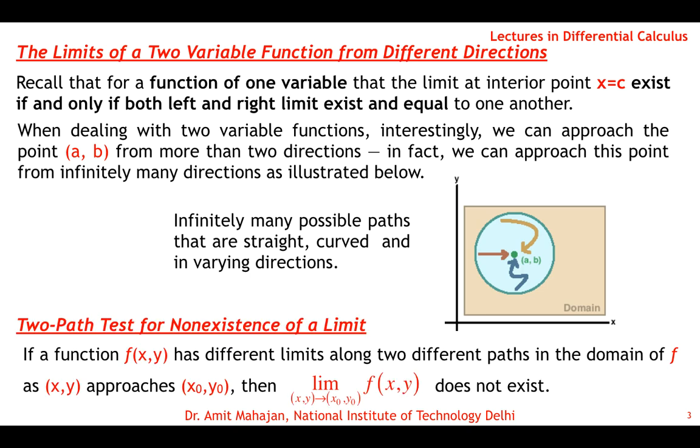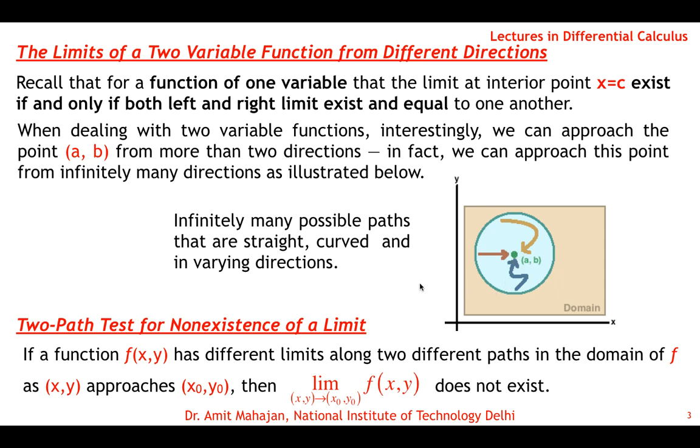So there is a two path test for non-existence of a limit at a point. If a function f of xy has different limits along two different paths in the domain of the function as xy approaches x naught y naught, then we say that the limit of the function as xy approaches x naught y naught does not exist. So if you can find a path and a second path such that the limit along these two different paths is different, then we immediately say that the limit does not exist at the point.